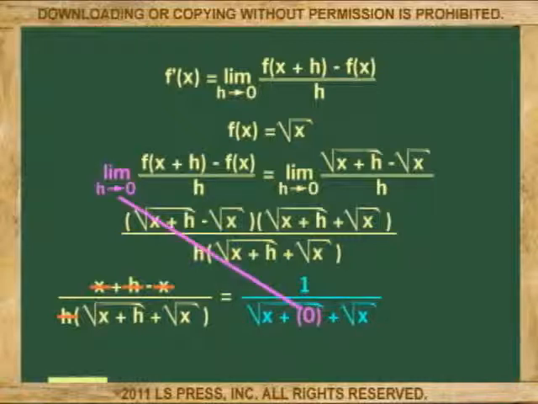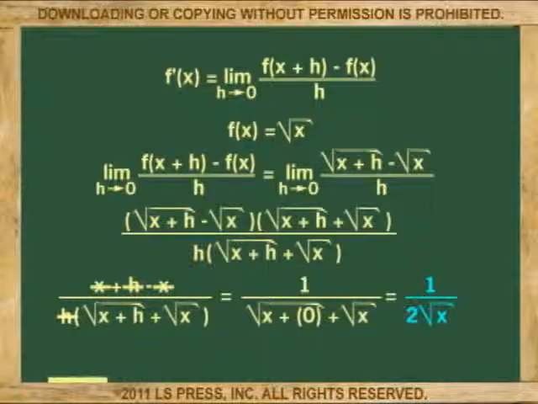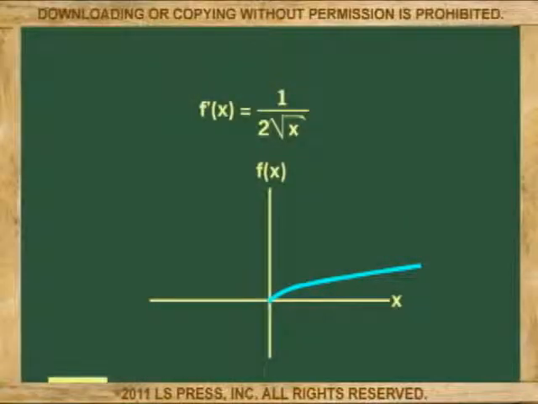We apply the zero limit to h now and add the two radical x's. The derivative of the function of x equals radical x is 1 over 2 radical x, which means that when x is 1, the slope is 1 over the square root of 1 times 2, or 1 over 2.